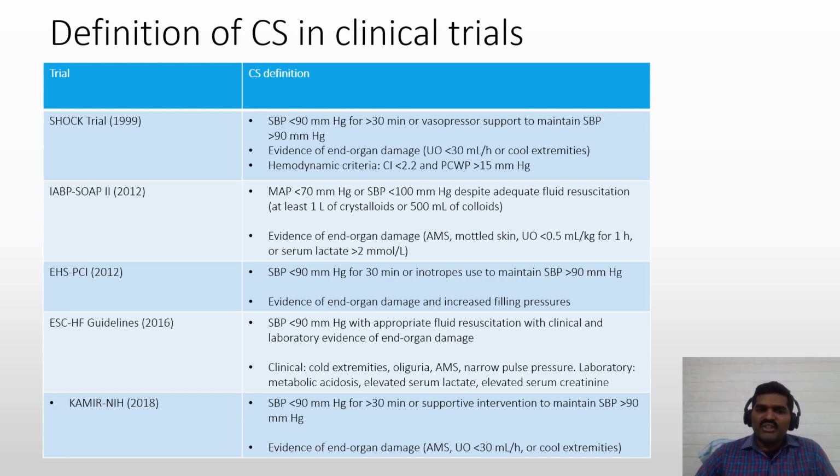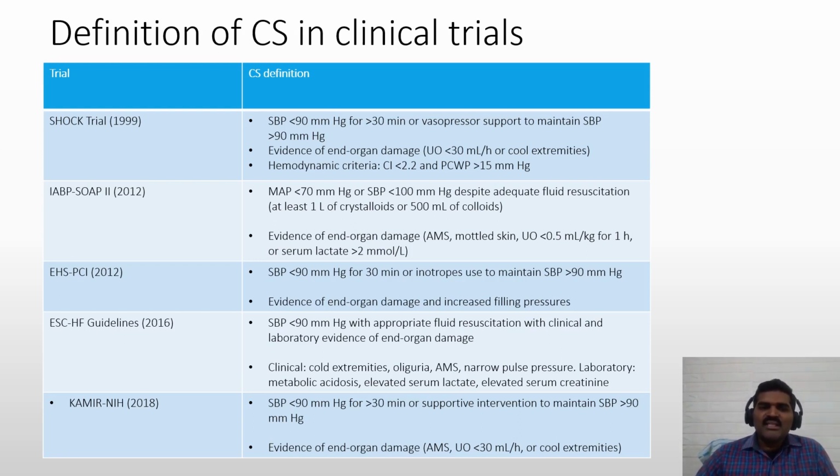ESC heart failure guidelines: SBP less than 90 millimeters of mercury with appropriate fluid resuscitation with clinical and laboratory evidence of end organ damage. Clinical criteria include cold extremities, oliguria, acutely altered mental status, narrow pulse pressure. Laboratory criteria include metabolic acidosis, elevated serum lactate, and elevated serum creatinine.